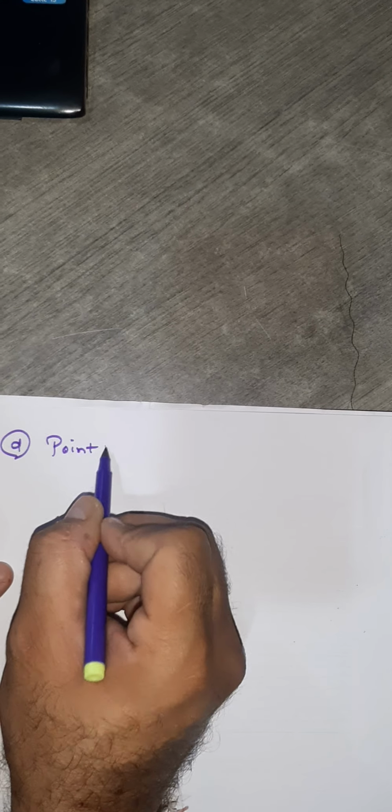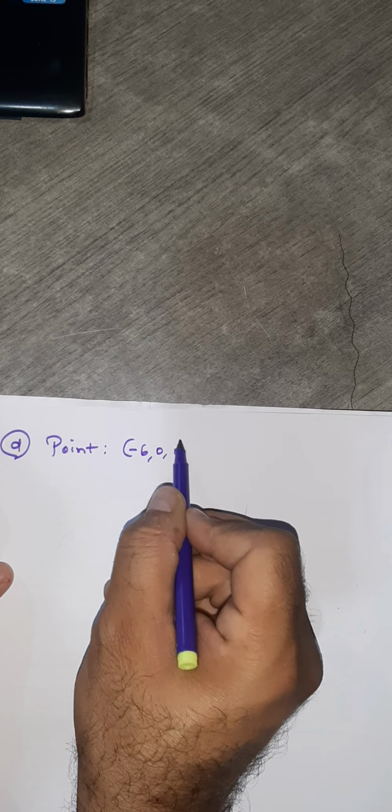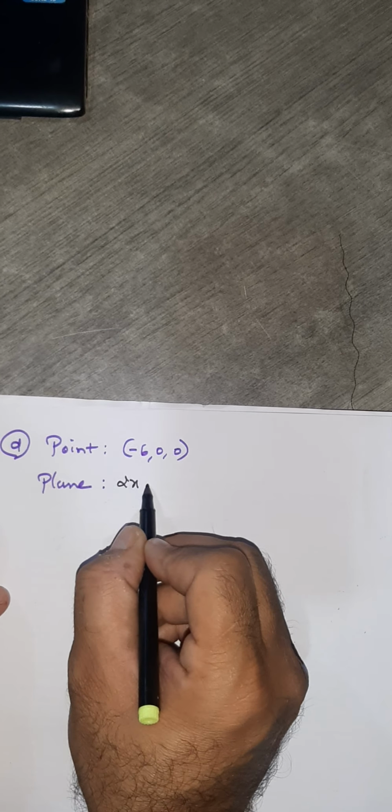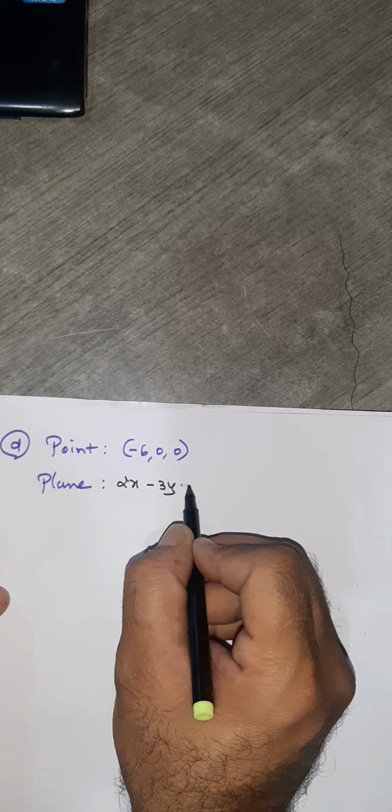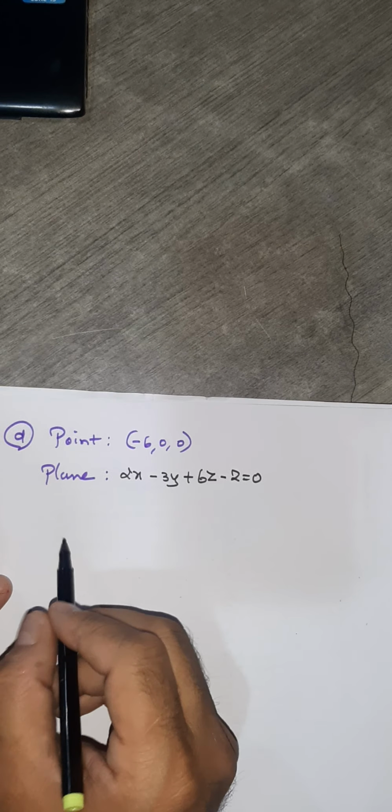let's see one more sub question. Sub question D here. There the point is given by minus 6 comma 0 comma 0, and the plane is given by which equation? 2x minus 3y plus 6z minus 2 equals 0.